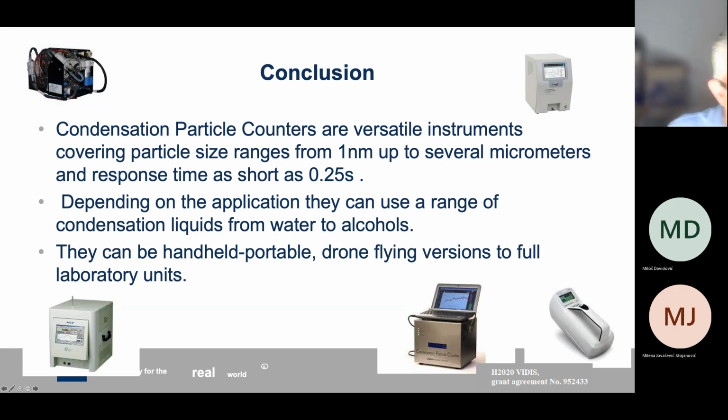So the particle counter is the starting tool for anybody who is interested in measuring aerosols. They can be integrated into other devices such as scanning mobility particle sizers, but that's a different story for a different lecture.